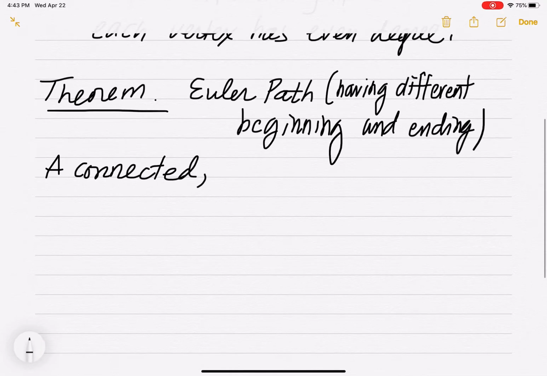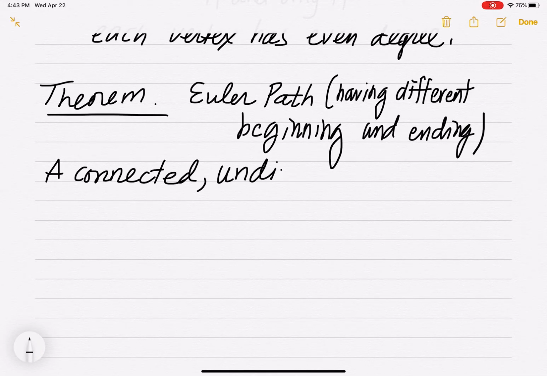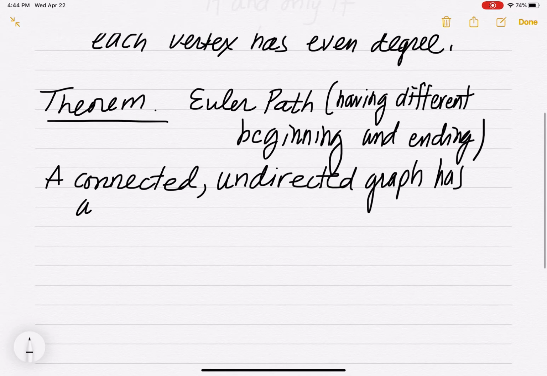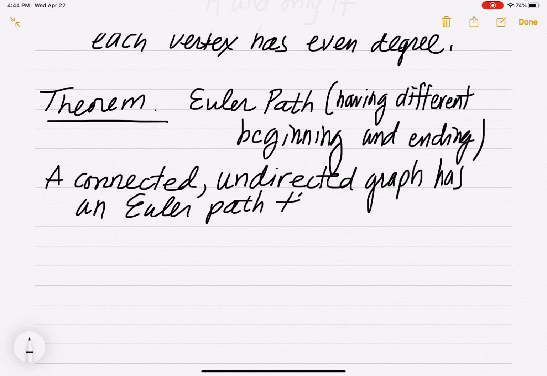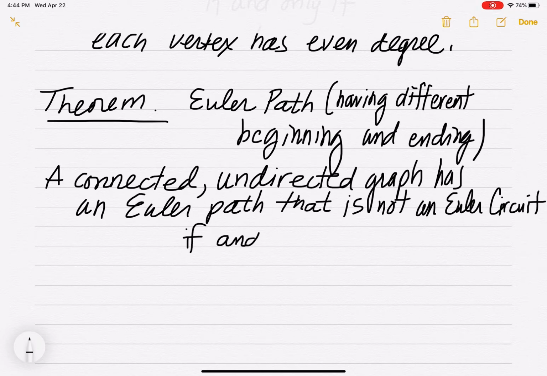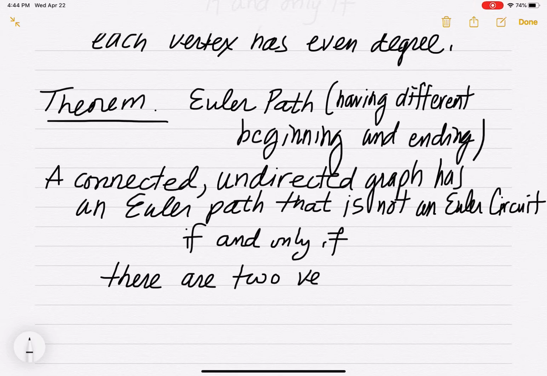So a connected, undirected graph has an Euler path that is not an Euler circuit, that does not begin and end in the same place, if and only if there are exactly 2 vertices of odd degree. All the rest would be of even degree.